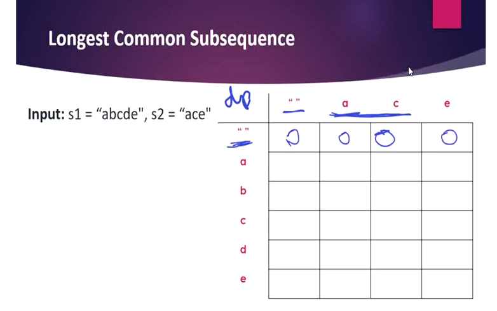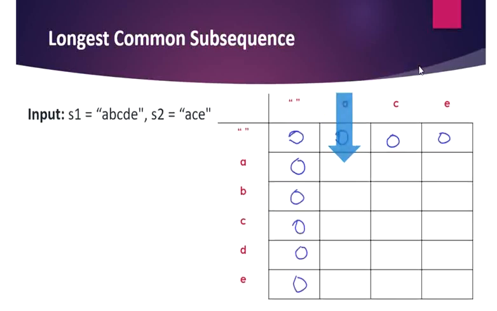Similarly, filling the column, we compare the empty string with substring A, substring AB, substring ABC, and finally substring ABCDE. Let's fill these values as well. Now moving on to this cell, we keep the character A constant and compare it along with all the substrings from string 2.